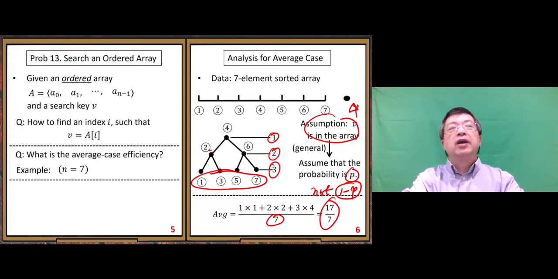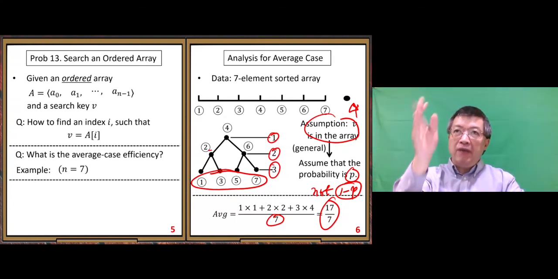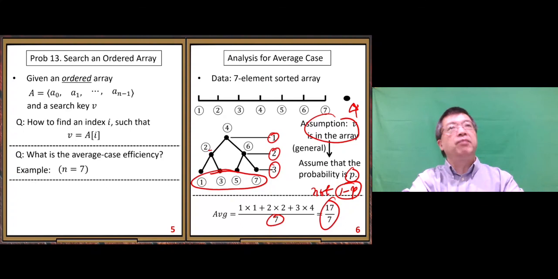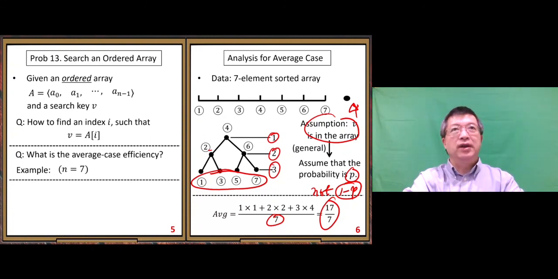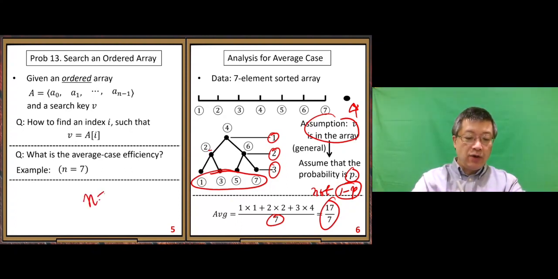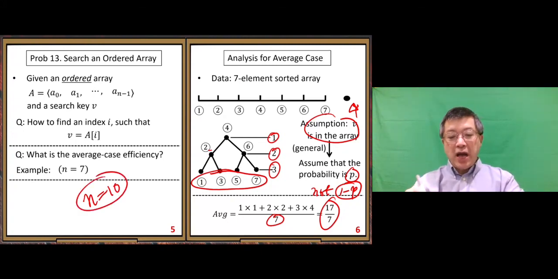That's the way we find the average case efficiency for the binary search. After you understand this method, later when I give you a different n, for example n equals 10, it's not a complete binary tree, but it is a binary tree.